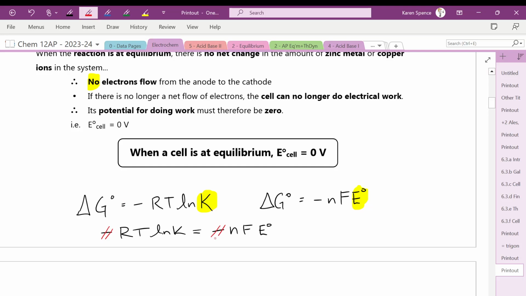So if you ever are given an E naught of a cell and you need to find its K value, you can find its K value. If you're ever given a K value and you're asked to find E naught, you can find the E naught. Is good? Yes. What's K? The equilibrium constant.